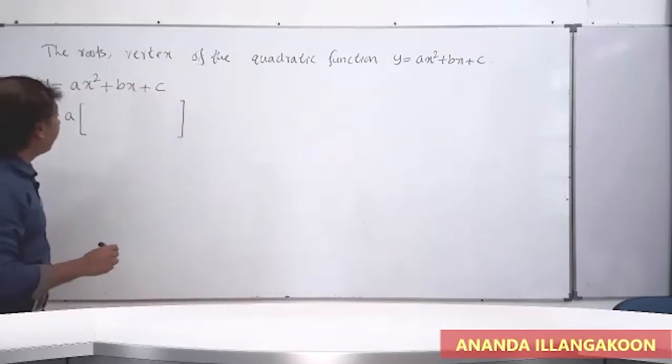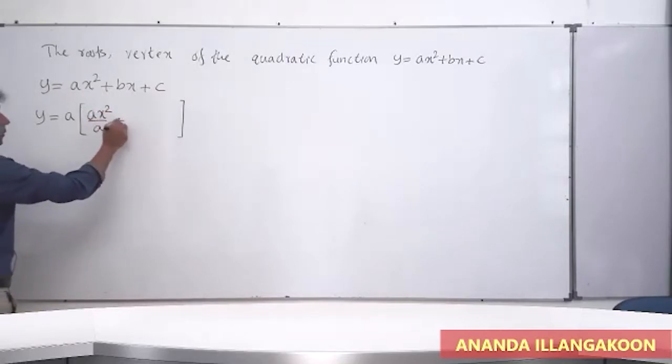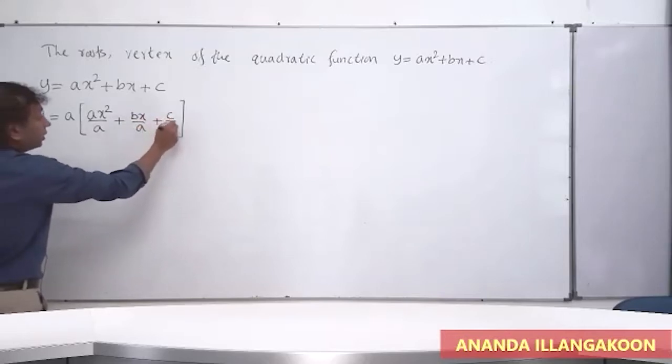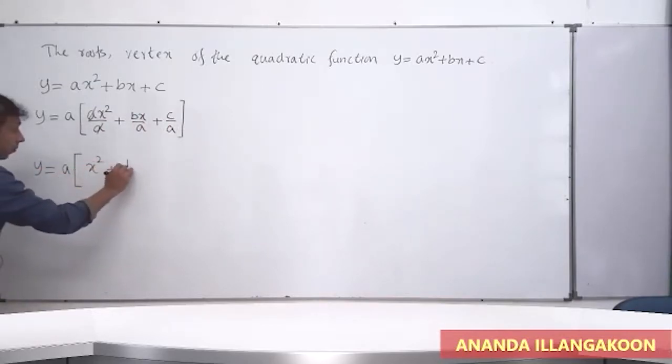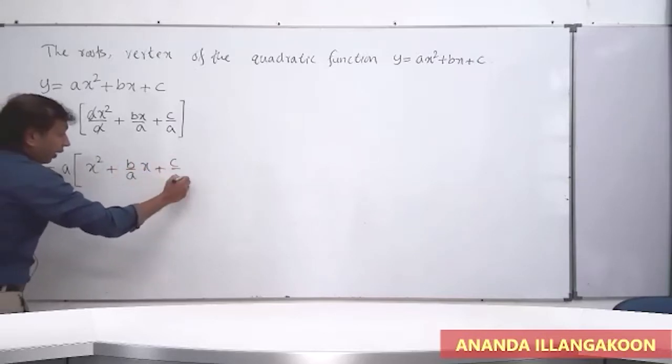Okay, people, right? So then what do you get here? Ax squared divided by a, plus bx by a, plus c by a. You can cancel down this and this. Then we get a times x squared plus b upon a times x plus c upon a. All right.